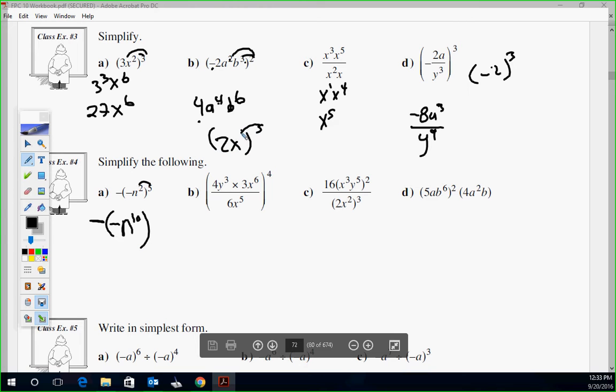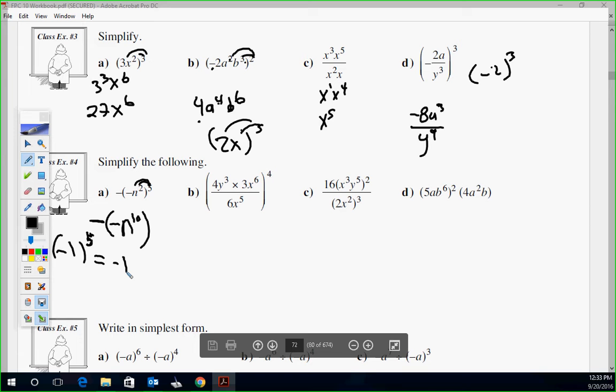So if it was, let's just do something simple, if it was this, the 5 hits both, right? So the 5 still hits both of them, but what is negative 1 to the 5th? It's a negative 1. Remember, it won't change from negative 1, because it's an odd exponent. If you have a negative number with an odd exponent, it's negative. That's why up here, odd exponent, negative 2, we got a negative 8.